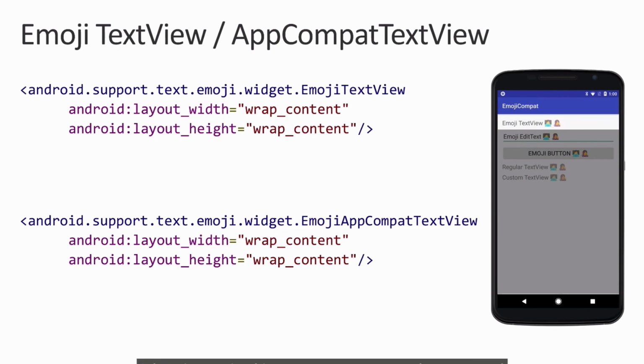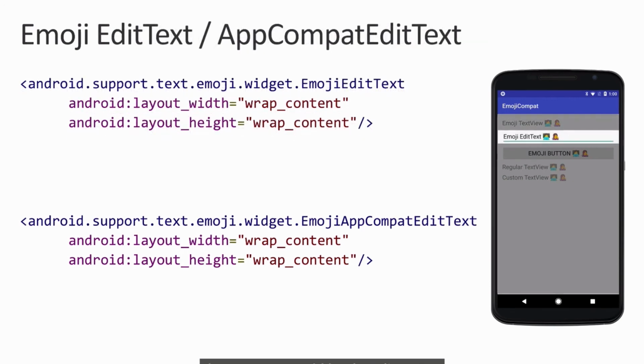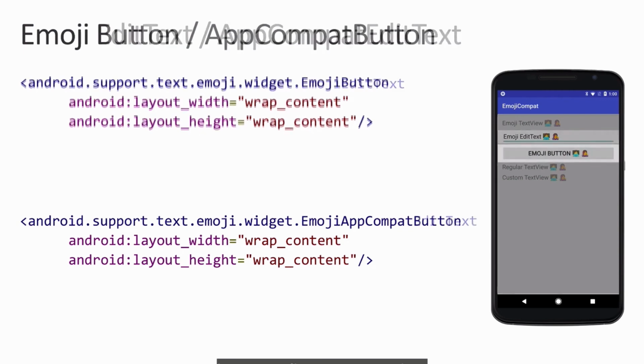Otherwise, again, things may or may not work as expected. So anyway, this is the text view, quick peek of it there. The next one would be the edit text, so you can now insert emojis into your messages or into your edit text as appropriate. And then finally, you can add emojis to buttons.